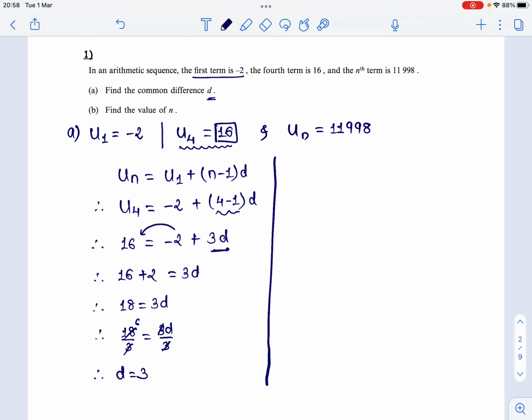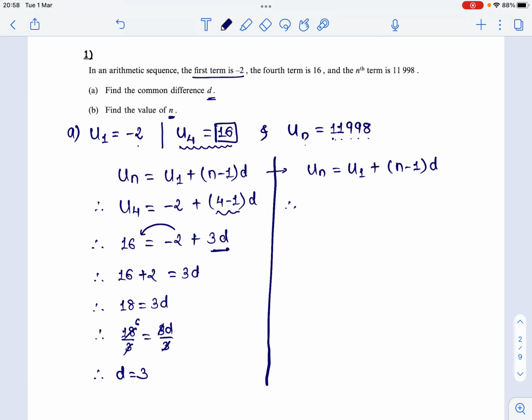Second one, find the value of n. We know the nth term is 11998. It's a huge number. From minus 2 to 11998, it's a time consuming process if I write down the sequence. So again, we need to use the same term formula: un is equal to u1 plus n minus 1 times d.